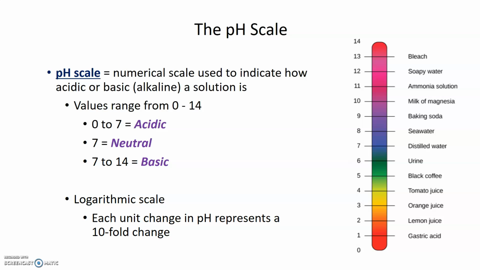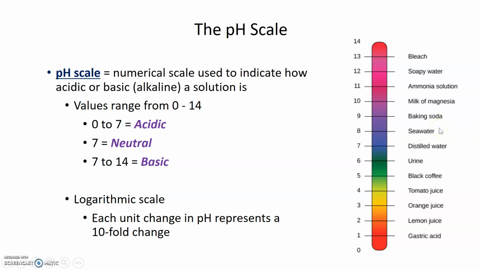What's important to remember about the pH scale is that it's not a linear scale, where moving from pH 7 to pH 8 would indicate basically a doubling or a 1 times increase in the basicness or the alkalinity of a solution.